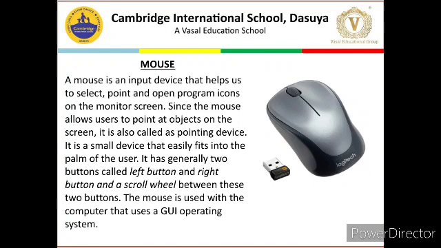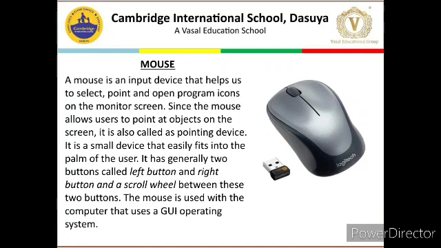Next input device is mouse or mice. Yes, you heard it right, mice. Nowadays, there are very small and handy devices available in the market which are commonly known as mice.